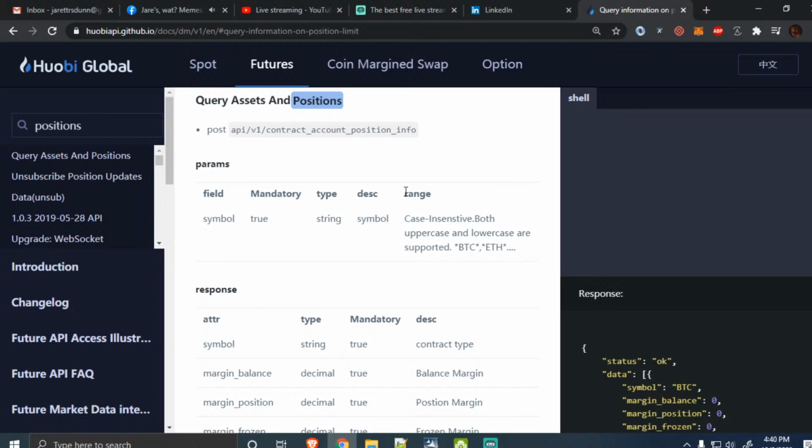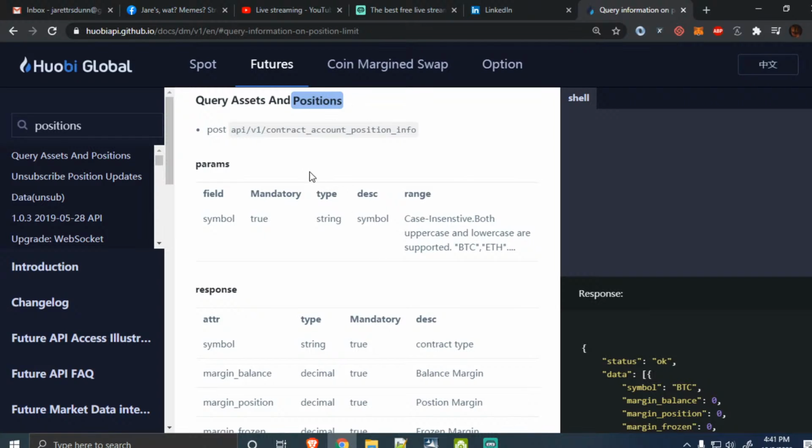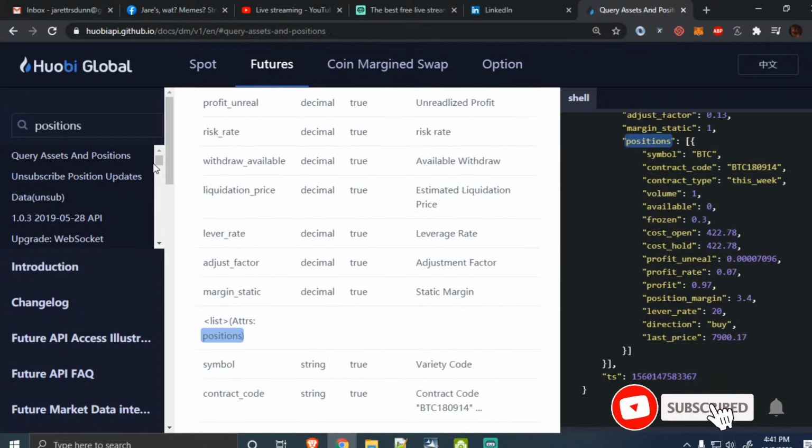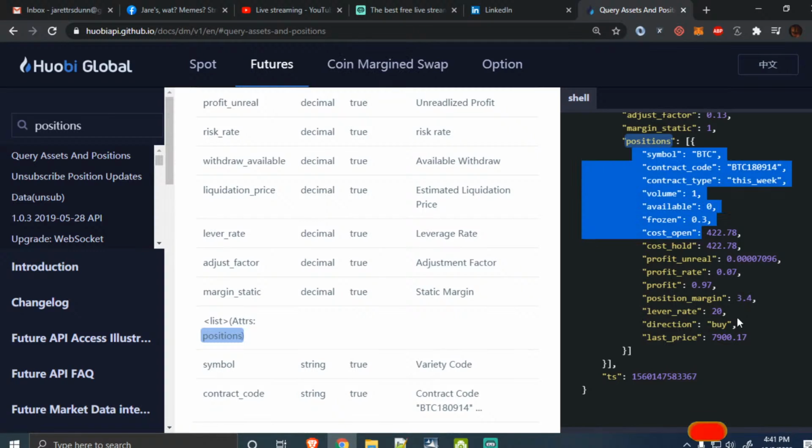Cat, I need you to not do that, dude. It's returning positions with profit unreal and profit rate. Profit and profit. How many of these say profit?